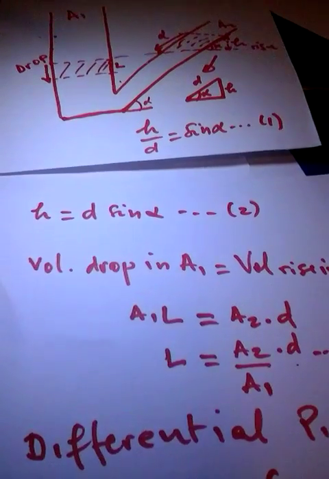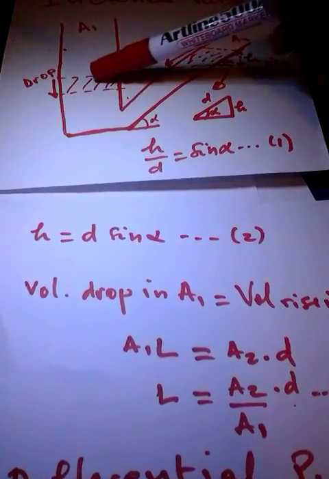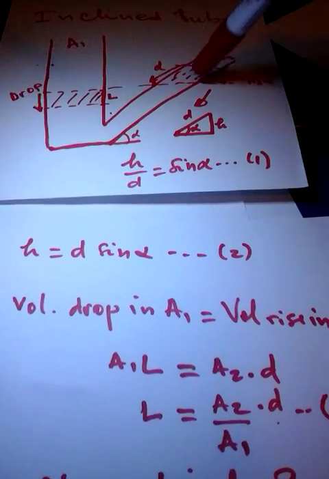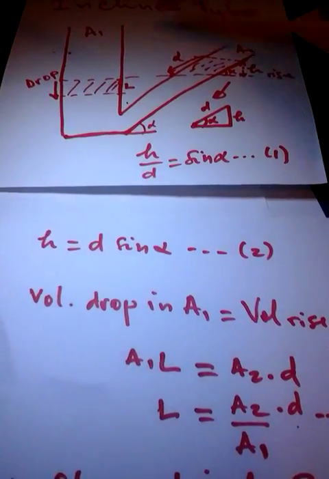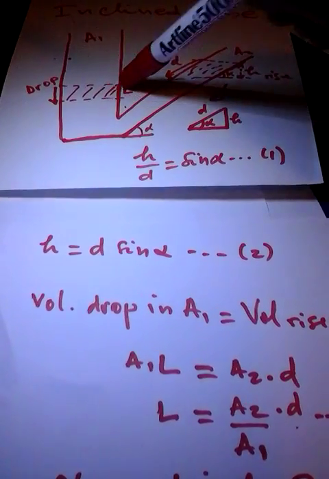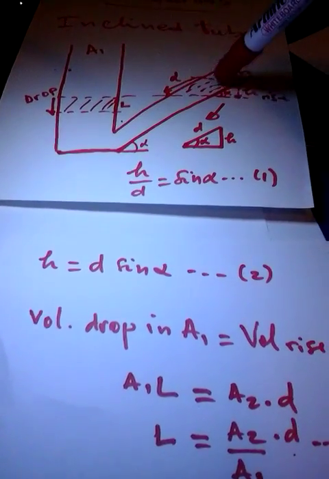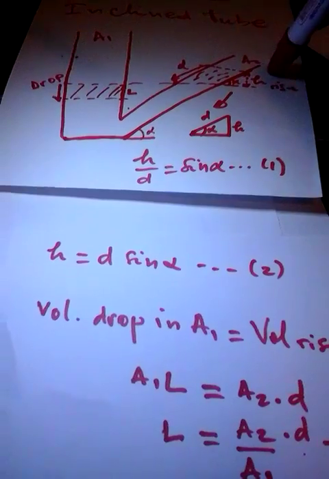Okay, then remember that the volume drop in A1 is equal to the volume rise in A2. So the amount of liquid that is displaced in this tube will be the same as the one that will rise on the other tube.